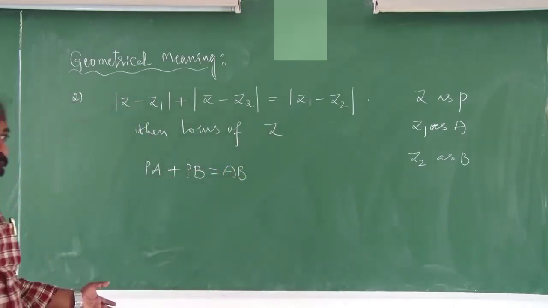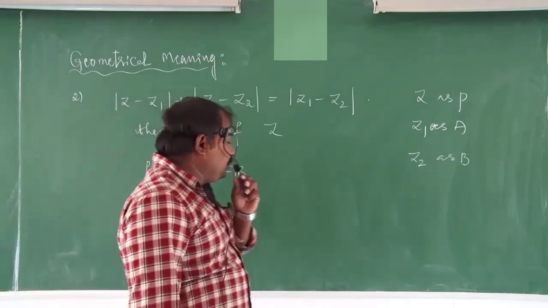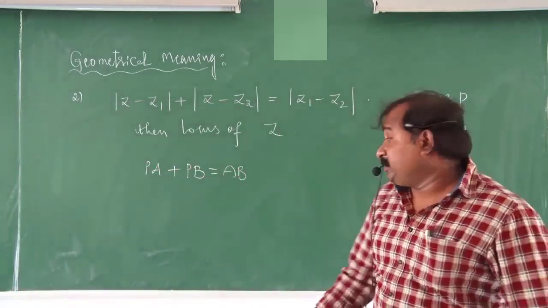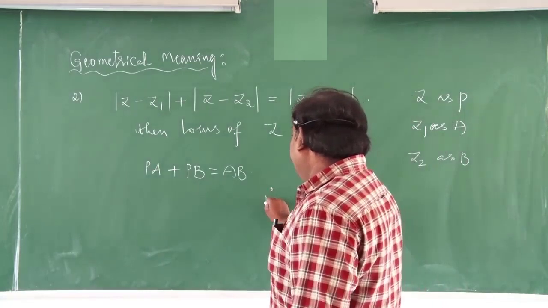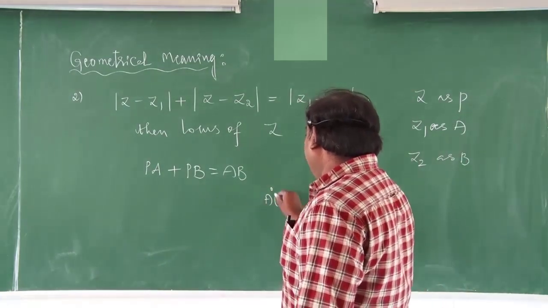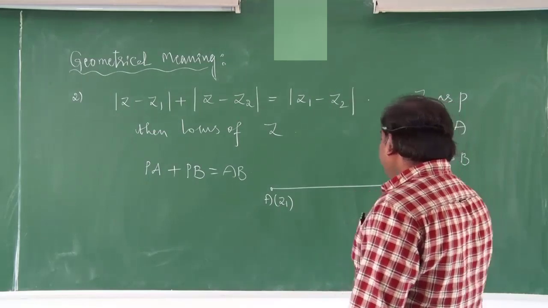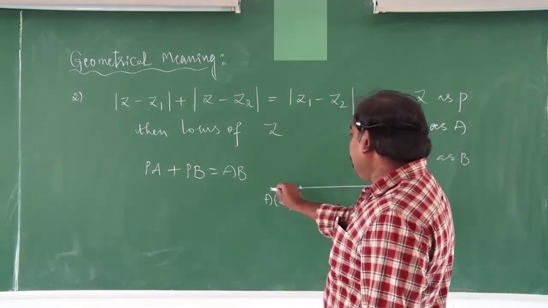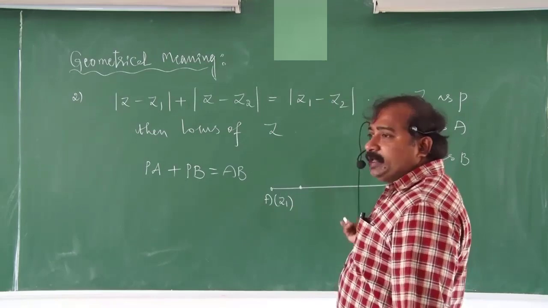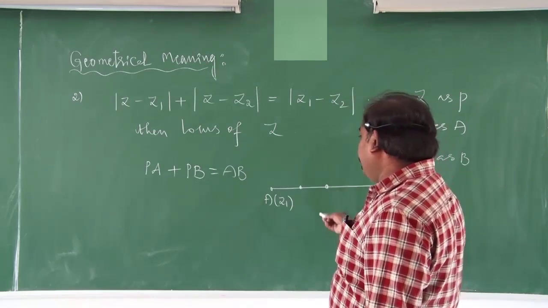This only you will get. So PA plus PB is equal to AB. What is that meaning, ma'am? Here, if it is A of Z1, somewhere here B of Z2, P is here. PA plus PB equals AB. Here it is the point P.